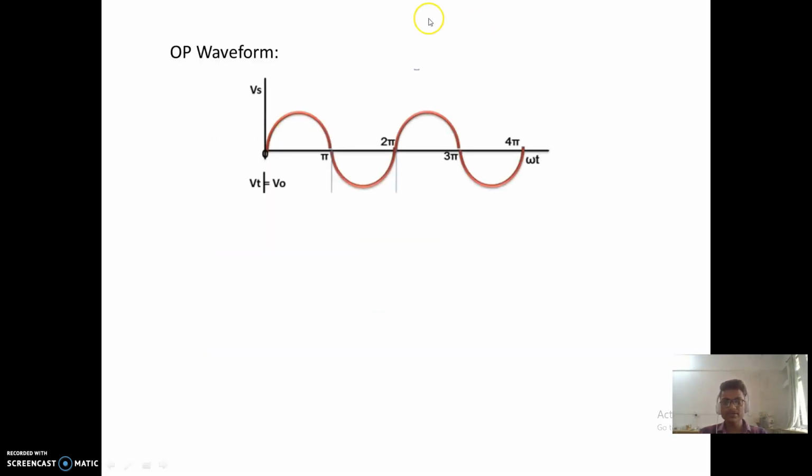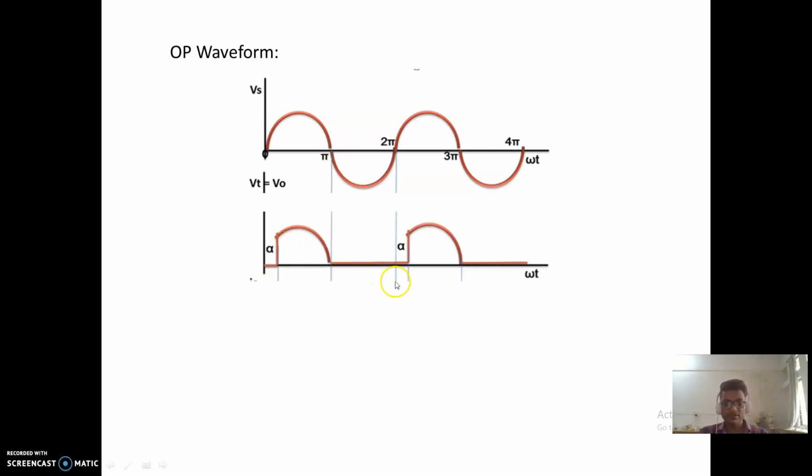This is our input voltage, a sinusoidal wave Vm sin omega t. Now the output wave looks like this. The output Vout is high only when the switch is on, and the switch turns on at a particular firing angle.